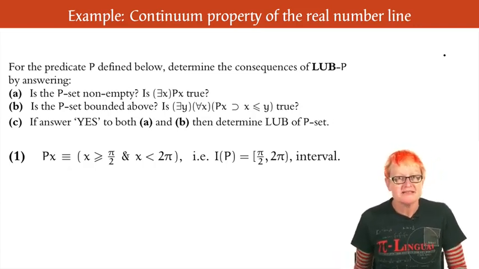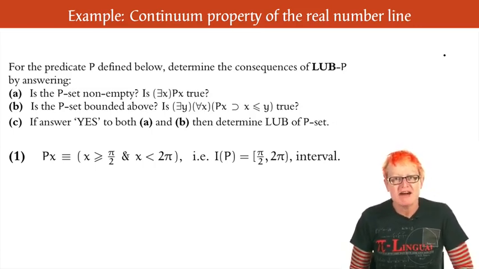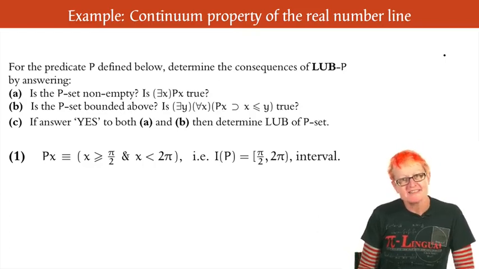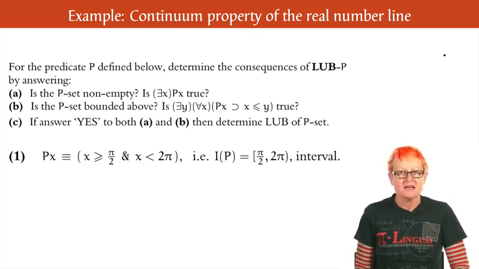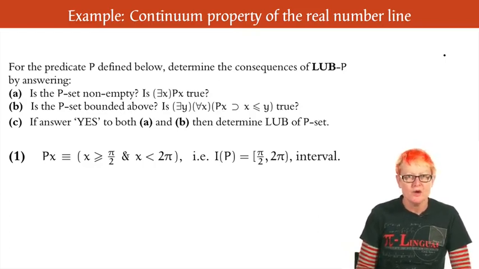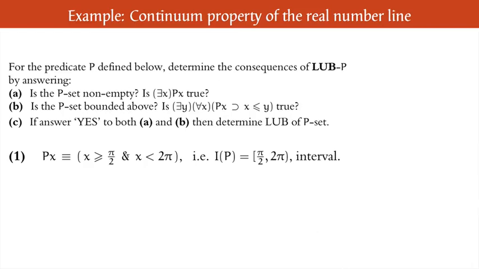So, consider the P set such that Px holds if and only if x is greater than or equal to pi on 2 and x is less than 2 pi. So the P set is the interval from and including pi on 2 up to but not including 2 pi.